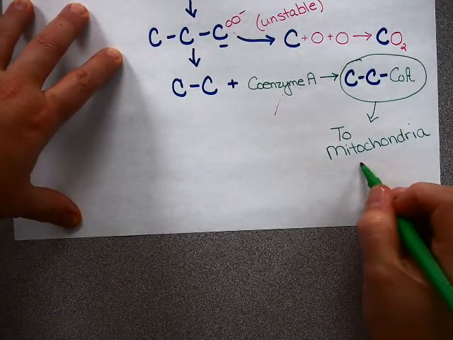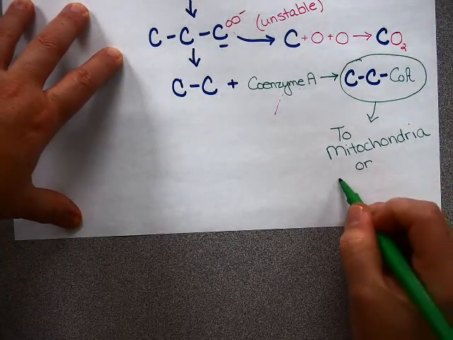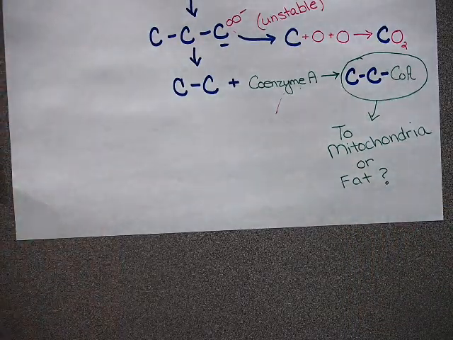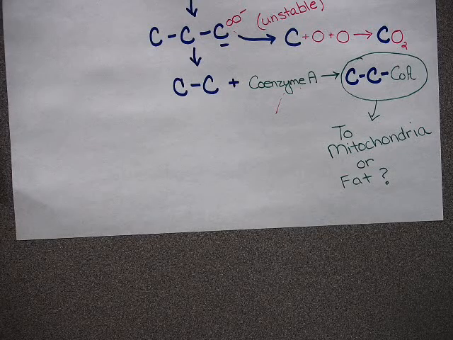Or fat. What? Who are you calling fat here? Well, your body can make a decision here. Should we send this to the mitochondria to make ATP? Or, you know what? It's just as easy to make that into fatty acids. Fat.